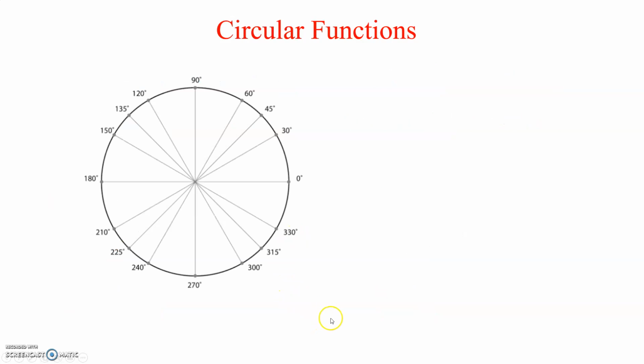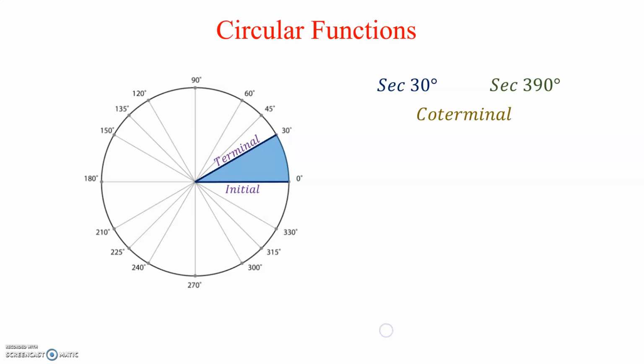Now we'll transition to a circle, using all of our special angles that we would have had in the unit circle. In the previous problem, we looked at secant of 30, which was this portion of the circle. If we looked at a problem like secant of 390, 390 degrees happens to have the exact same initial and terminal side, which means 30 and 390 are coterminal angles.